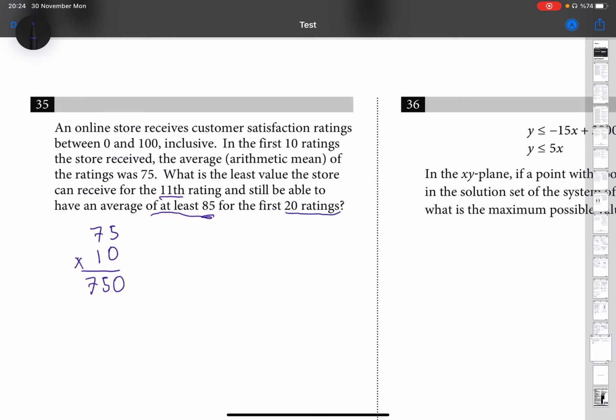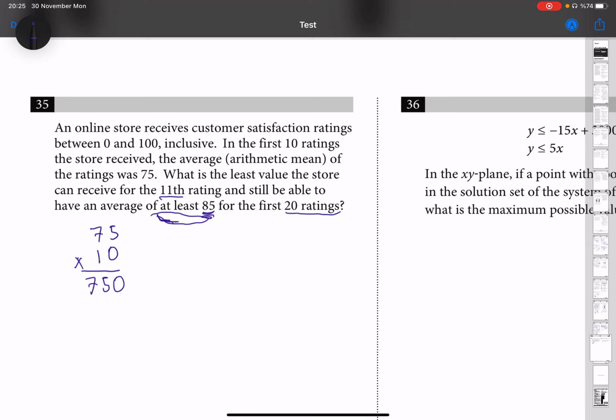We should realize that to find the least rating, the other votes should be the highest value, because I want to obtain at least an 85 mean. So to have a low rating, the other ratings should be the maximum.